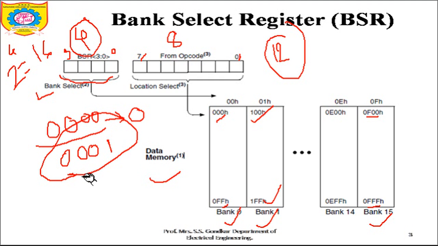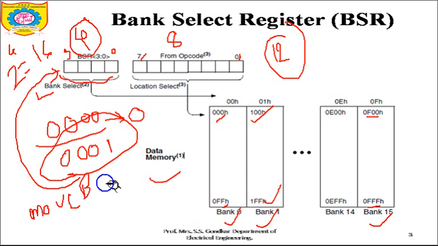This is a 4-bit value and we want to put this value in this BSR, bank select. At that time we have to use the instruction MOVLB. So to load the 4-bit value in a BSR, the MOVLB instruction is used.